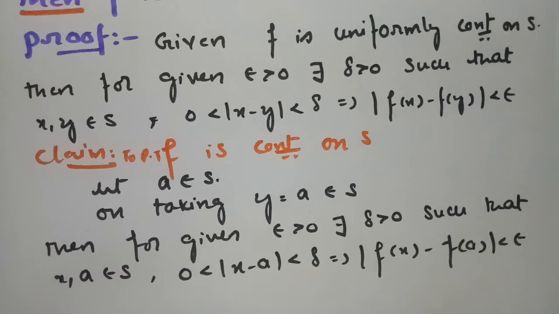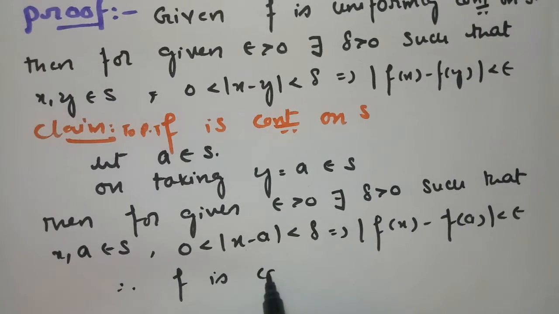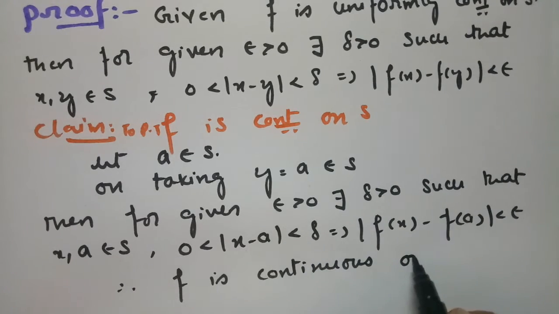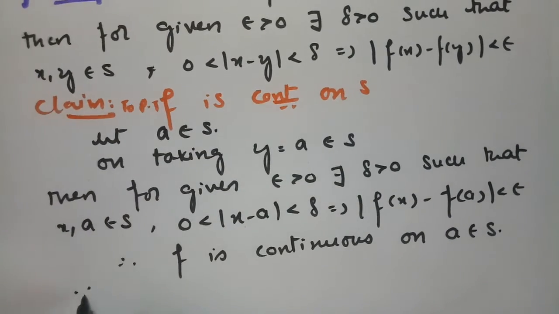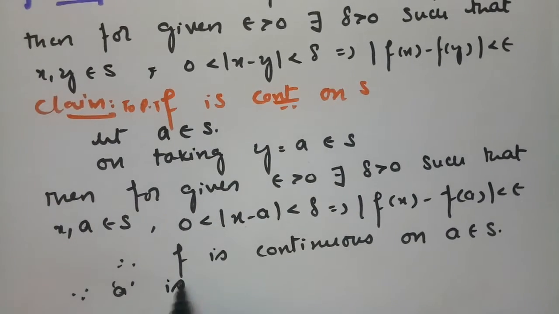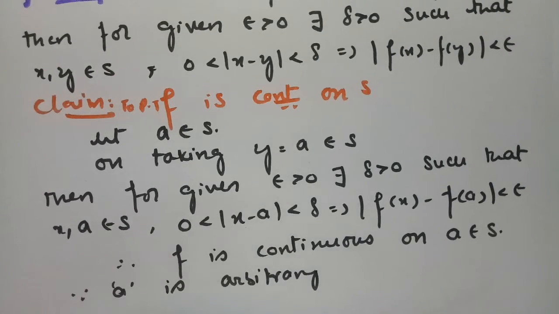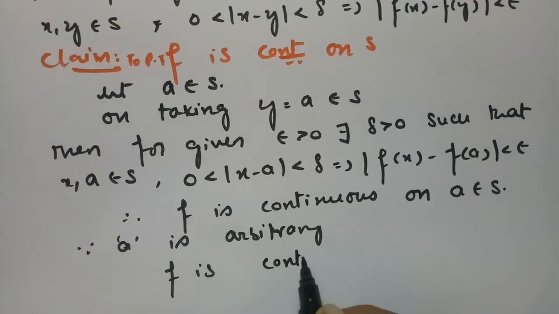So this is nothing but the definition of continuity. Therefore, according to this definition, f is continuous at a belongs to S. Since a is an arbitrary value, f is continuous on S.